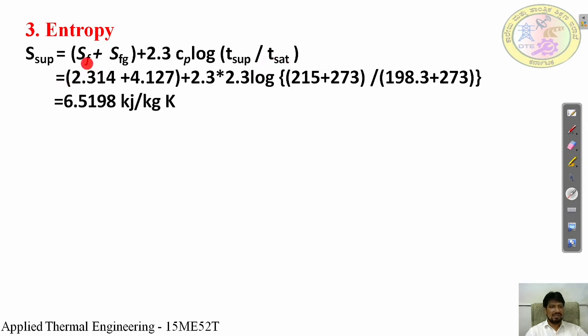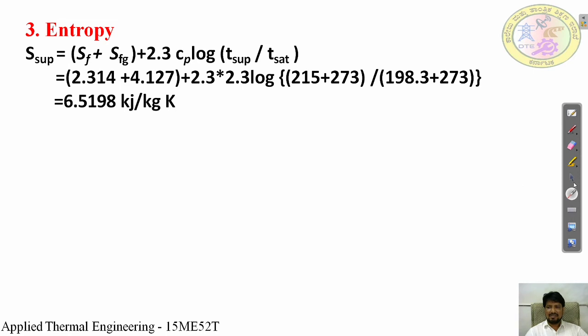So this is equal to Sf from the steam table, 2.314, plus Sfg from the steam table, 4.127, plus 2.3 times Cp, given in the problem as 2.3, times log of T superheated, 215 plus 273, divided by T saturated, 198.3 plus 273. It is a simple calculation. Finally you will get the entropy of superheat as 6.5198 kilojoules per kg Kelvin.